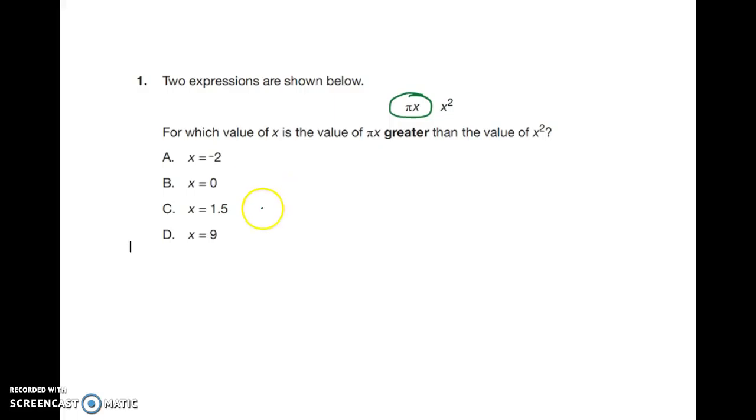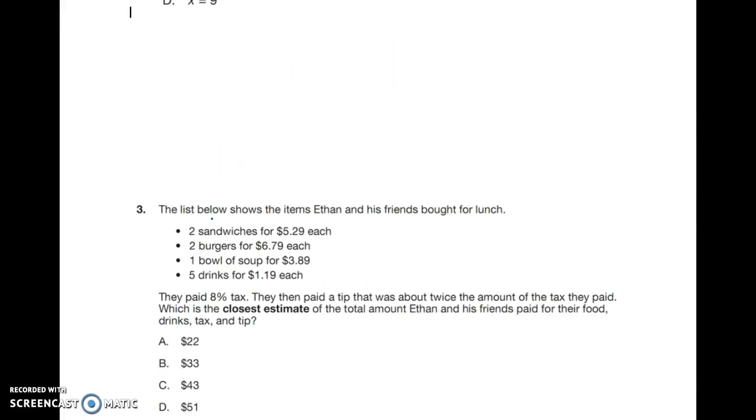So in this case, the correct choice is C, x equals 1.5, because 1.5 times pi is about 4.5, and 1.5 squared is a little bit over 2. So it might be better just to calculate out your choices to see what works and what doesn't work. On to the next question.